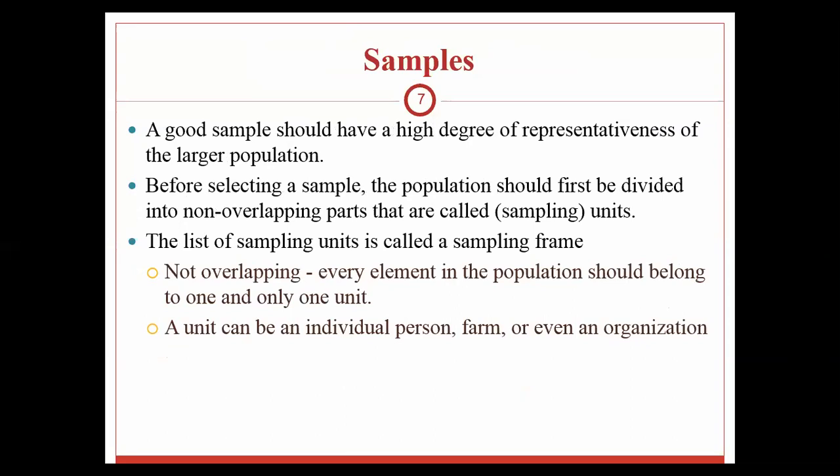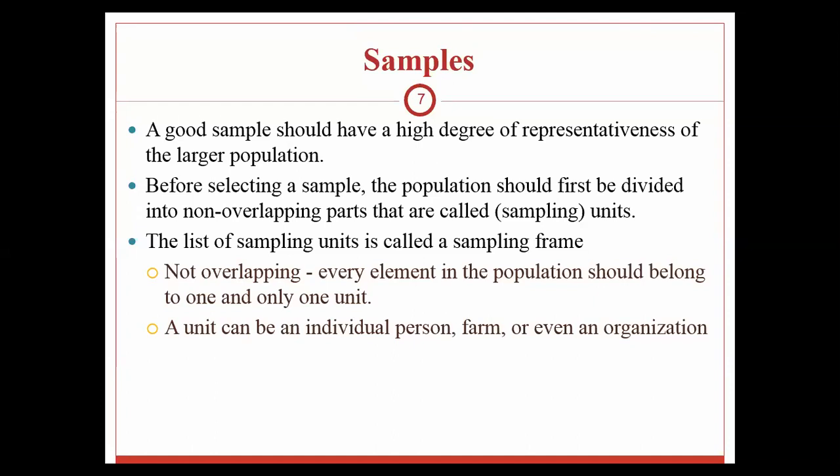So a good sample should have a high degree of representativeness of the larger population. It should represent the larger population very well. Before selecting a sample, the population should first be divided into non-overlapping parts that are called units, or sampling units. Then a list of these sampling units is called the sampling frame.